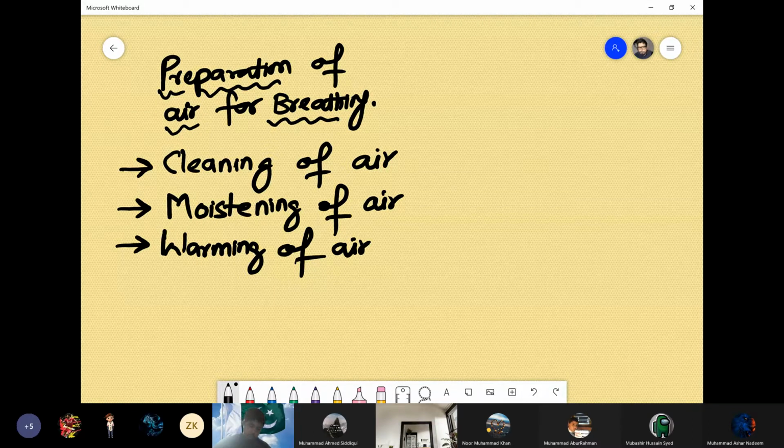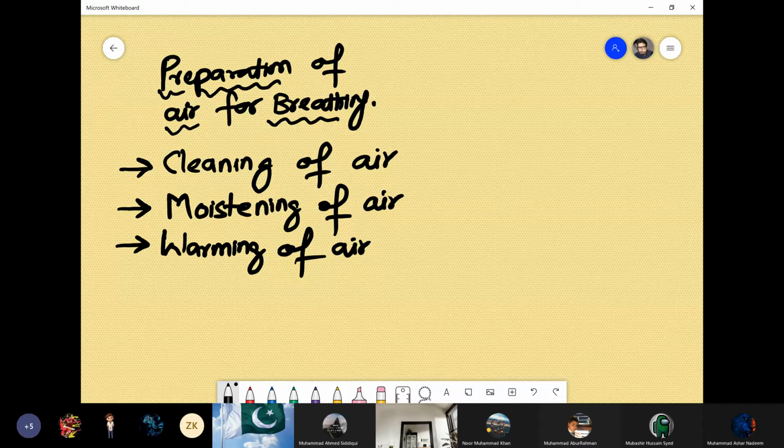So the air temperature is always low around us. Before the air enters into our body, the air must be warmed. And how all these processes take place, that's what we are going to discuss now.